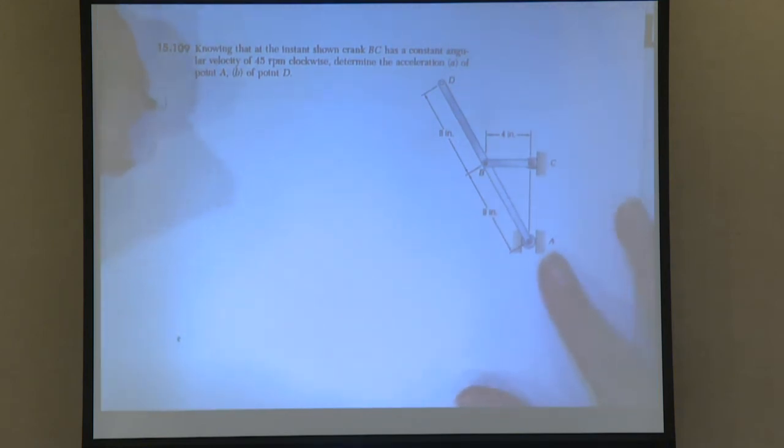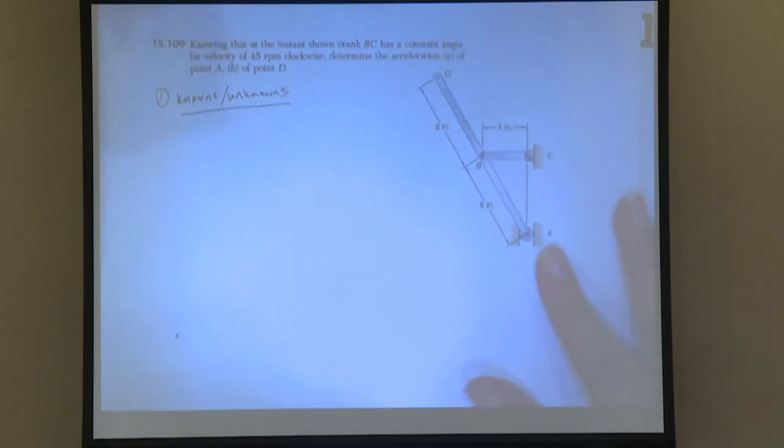Okay. So step 1, knowns, unknowns. So we know omega BC is 45 RPM clockwise. How do I convert that again?